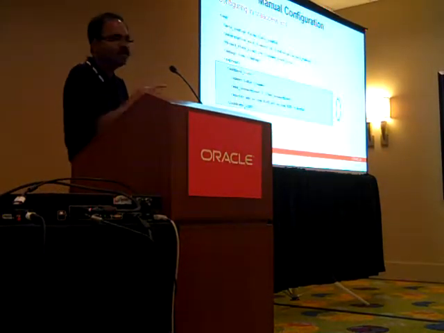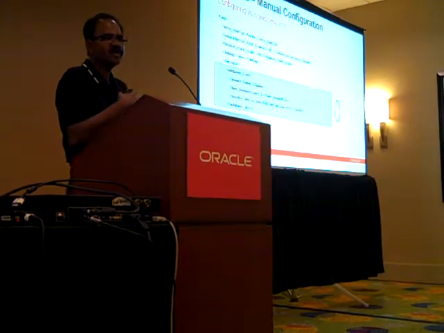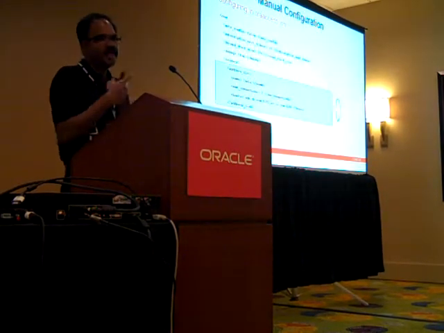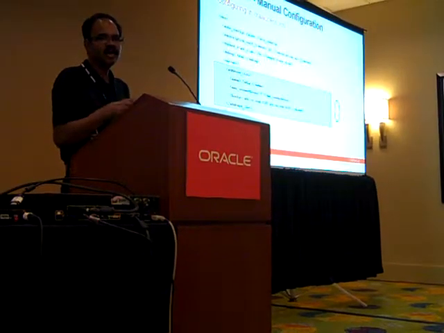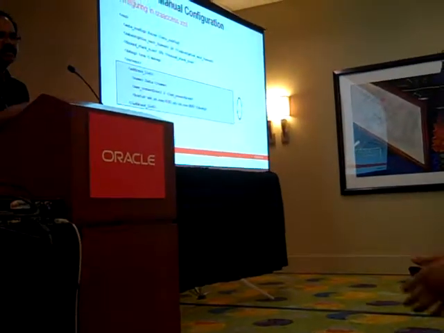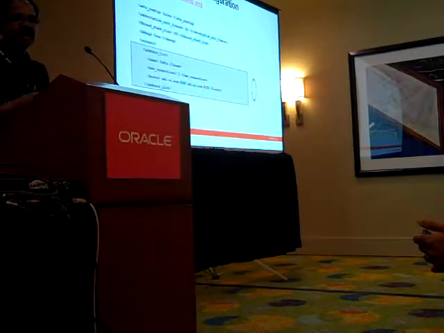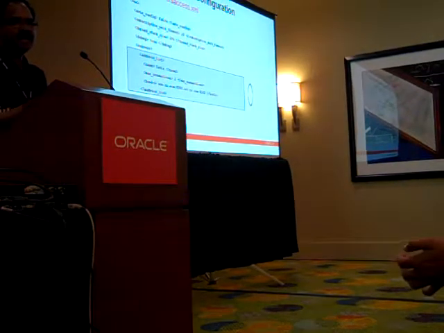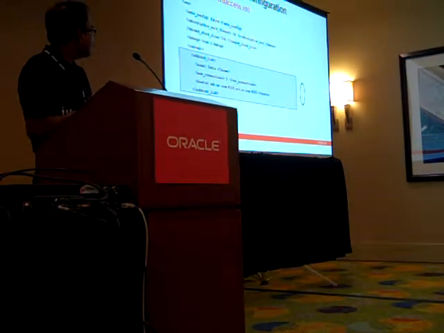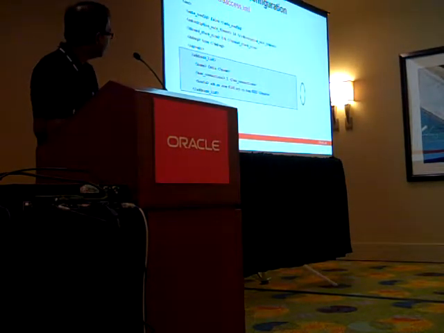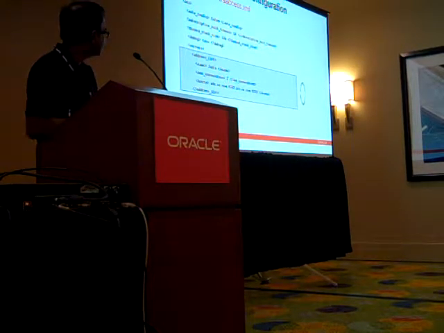You can just set auto-config to true and you do not have to specify anything. Then we would automatically figure out the locations of the ONS servers that are handling the FAN notifications for this particular service. But you can always enhance that by adding more information.